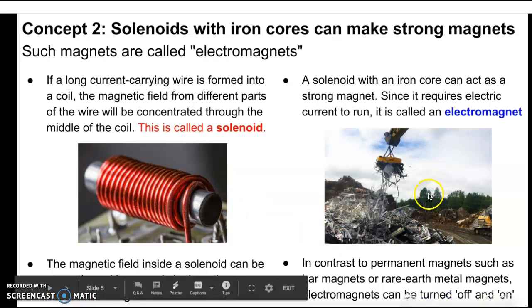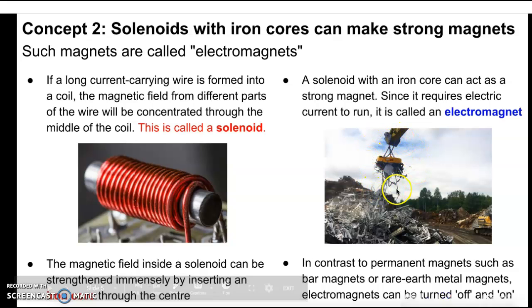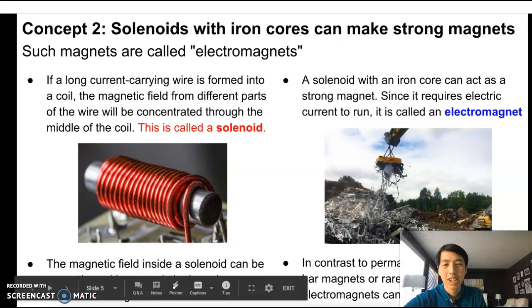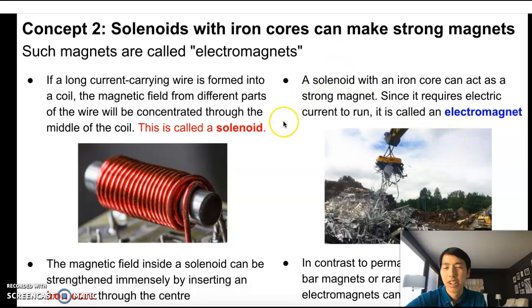That makes this large electromagnet pretty useful, because you can turn on the electricity, which creates a magnet, and pick up all this stuff. Then you can move it somewhere else, and turn off the electricity, and that'll make it lose its magnetism. So all that material you just picked up will just get dropped wherever you want to drop it. So that's an electromagnet, an application of Ørsted's discovery.